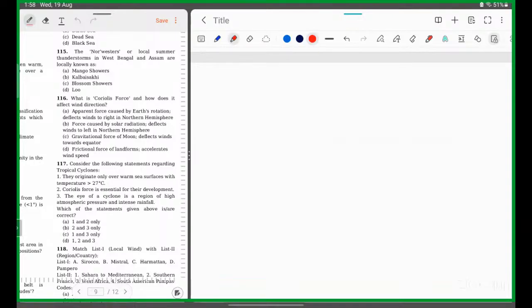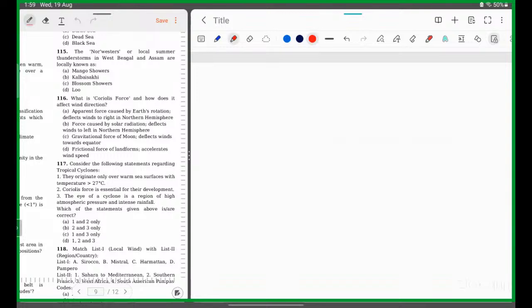Coming to the next question, consider the following statements with regard to tropical cyclone. So first let us learn about tropical cyclone. The Coriolis force is required to create the spin or vortex of the cyclone.